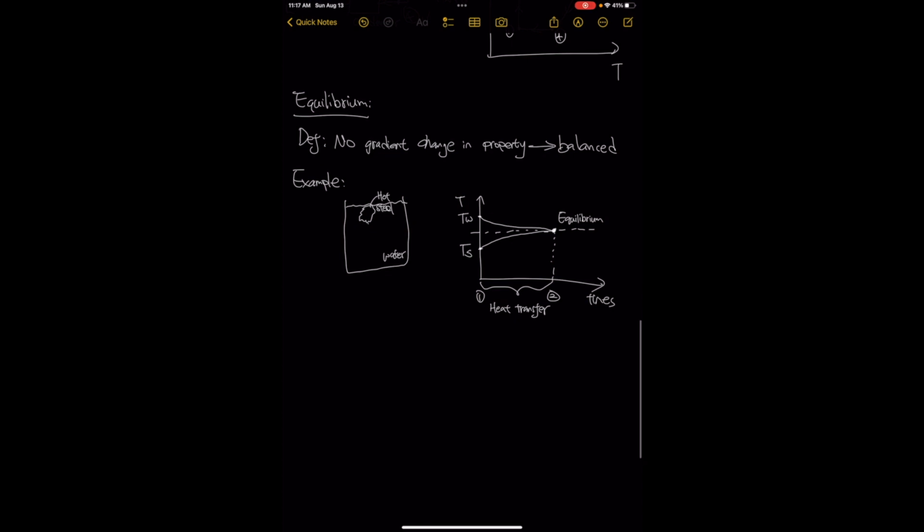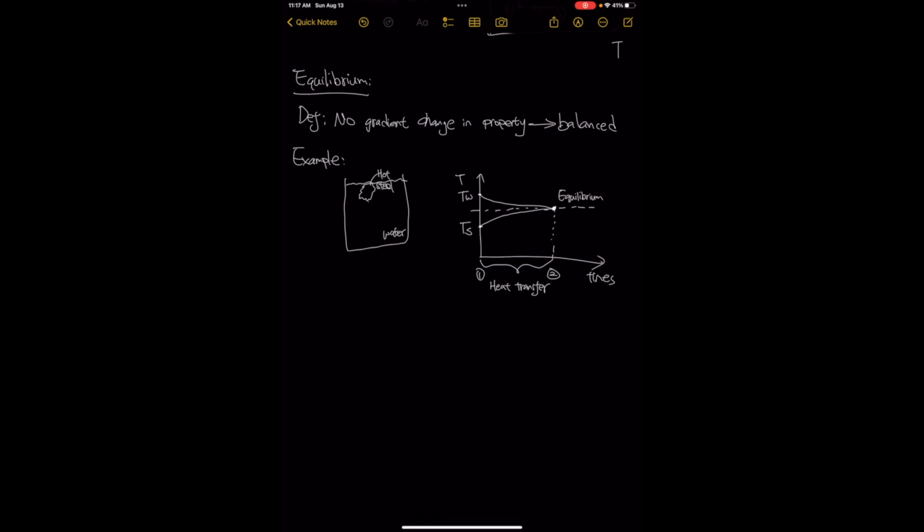With that being said, all systems have the tendency to reach equilibrium. Here I use the word try. Water doesn't really have a consciousness, right? So it's just a metaphor. All systems are trying to reach the equilibrium state. Later on, when we introduce the second law of thermodynamics, you will have a better idea why it happens.